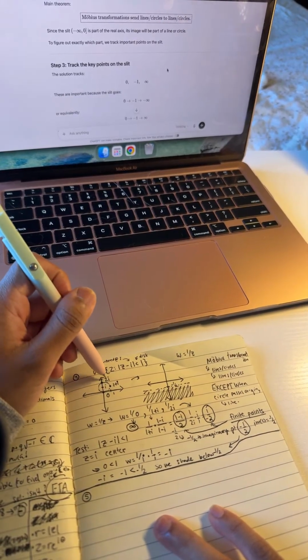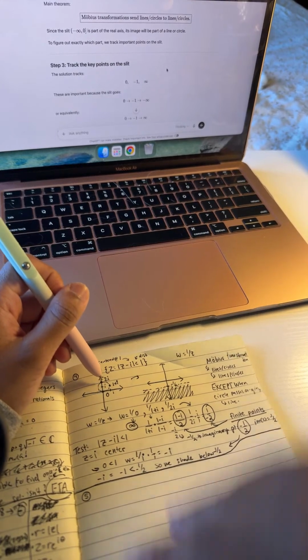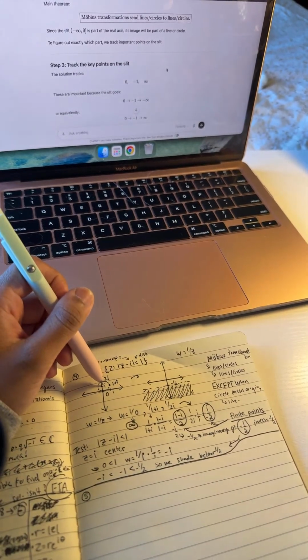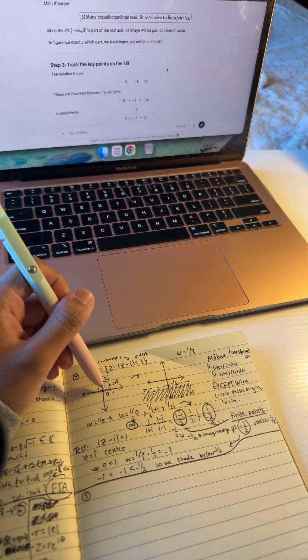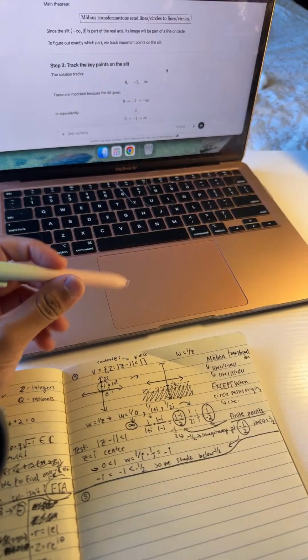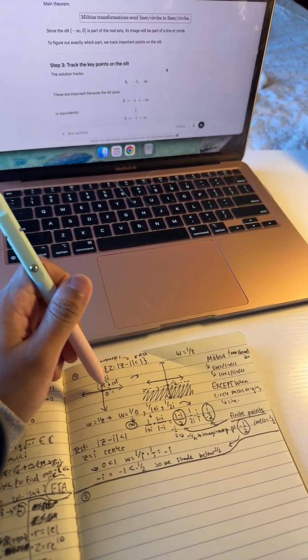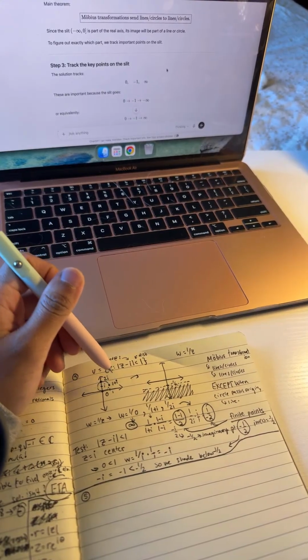And the top would be 2i, right? Because if it were at the origin, the top would be at i. But because we moved it 1 up, since the center is at i, then it's at 2i. So what do we do with these points? 0, 2i, 1 plus i.